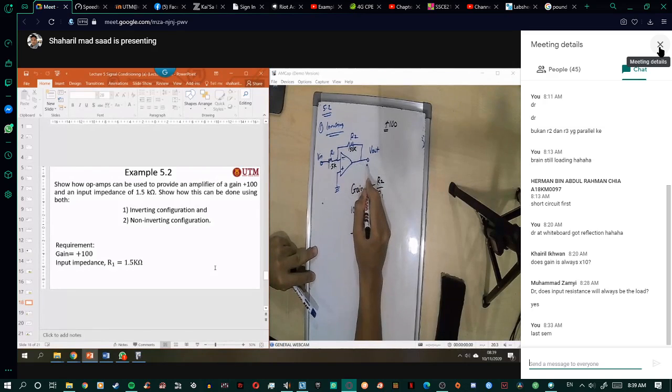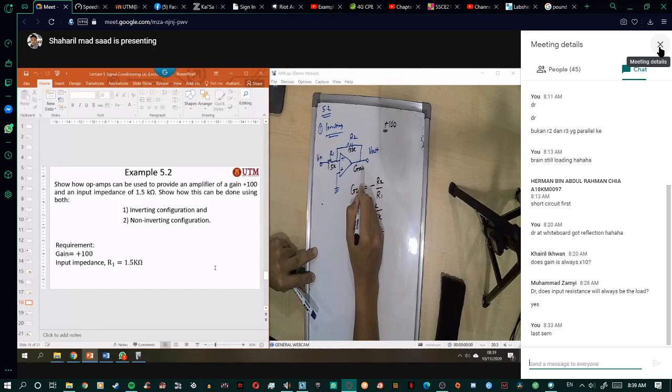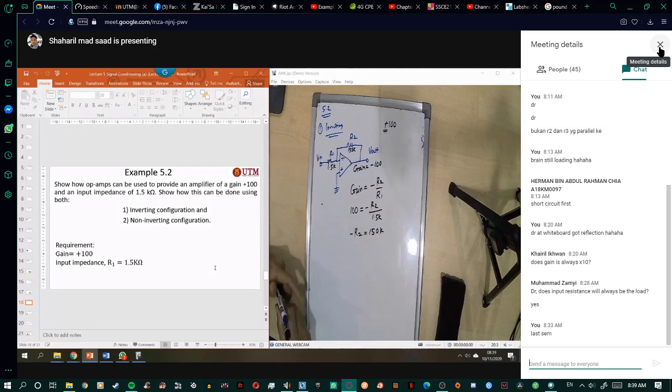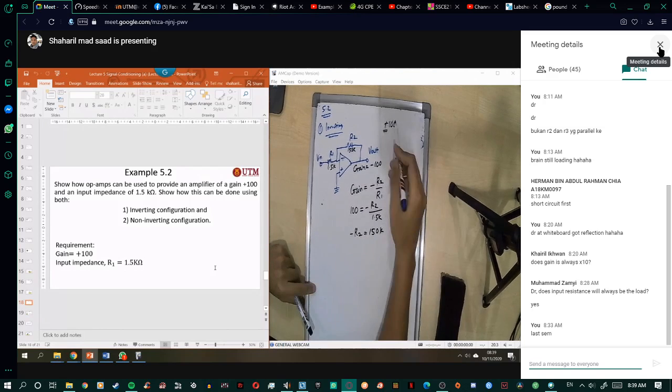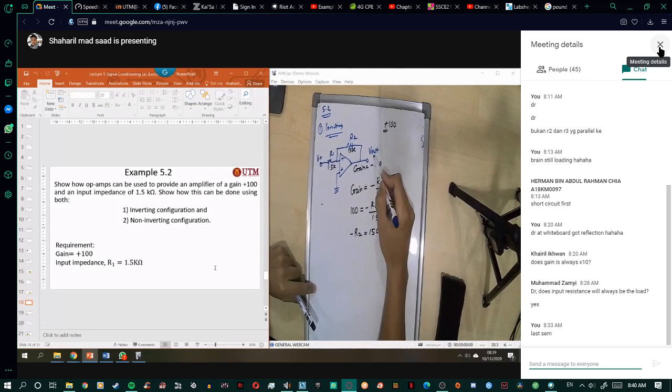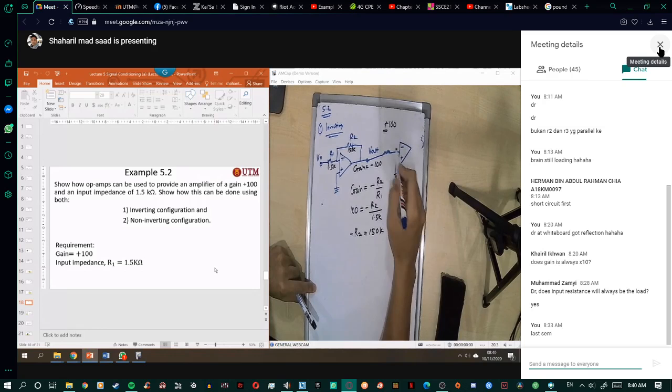So the output will be negative. We can say the gain here is minus 100. So you can bring this here, and then you want positive 100. That means you need another amplifier, with minus and plus going to ground.